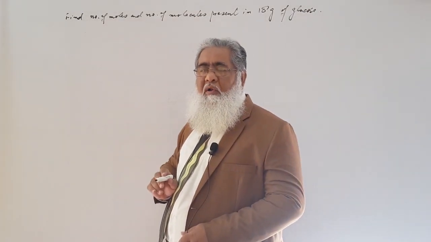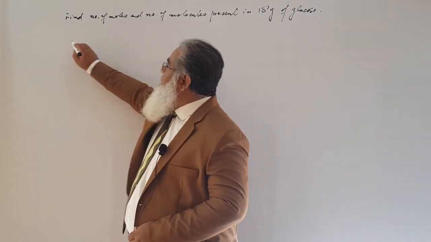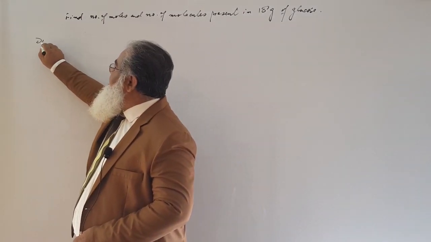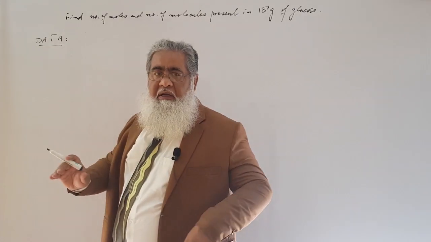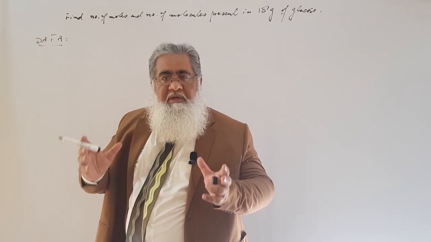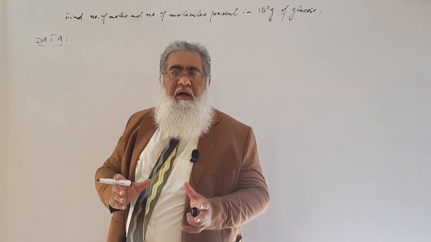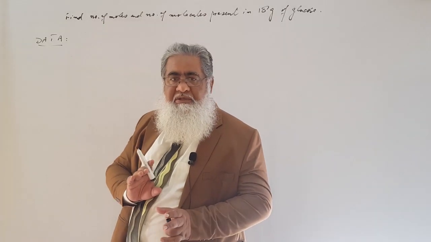Whenever you are going to solve a numerical, first of all, you have to make data. In data, that information which is given and that which is asked must all be mentioned.